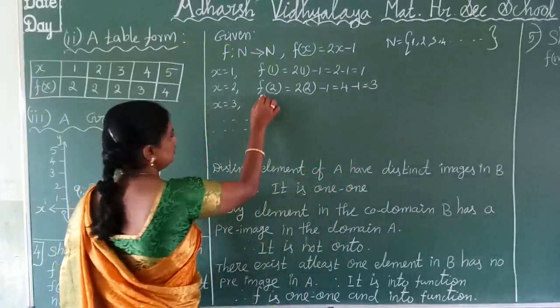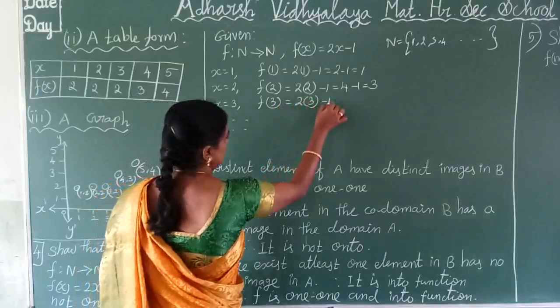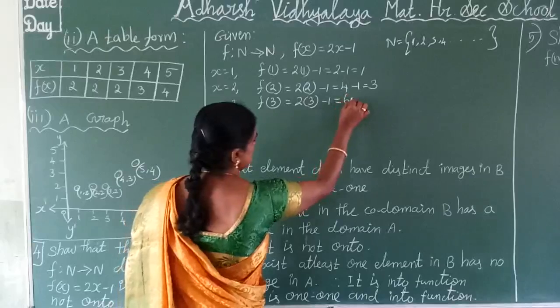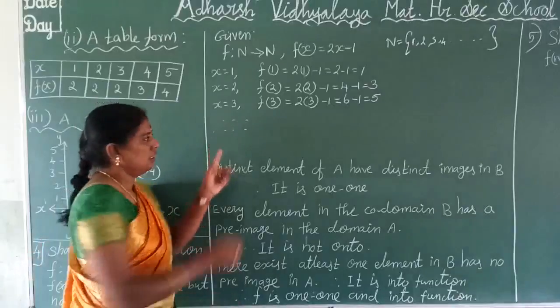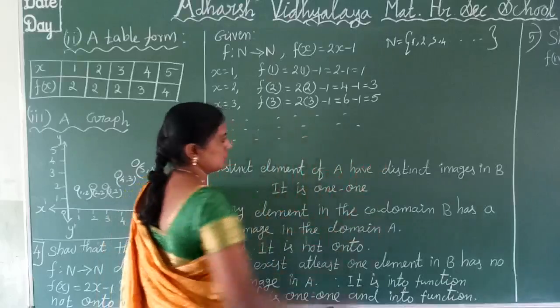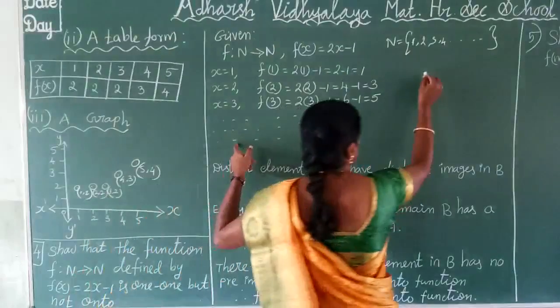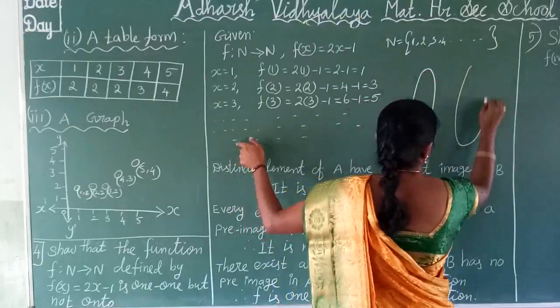Next x is equal to 3. F of 3 is equal to 2 into 3 minus 1, which is 6 minus 1, equal to 5. It goes on: 4, 5, 6, 7. So it's all the natural numbers. So here f is from N to N. So we consider domain and codomain.